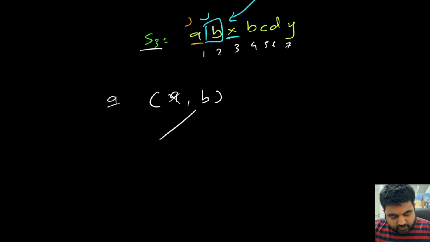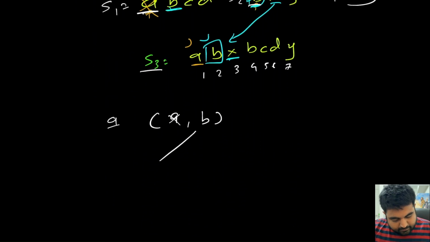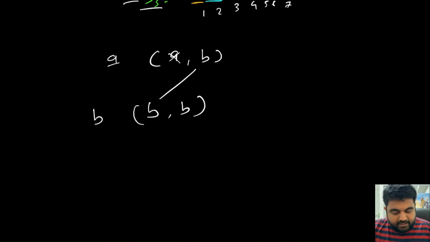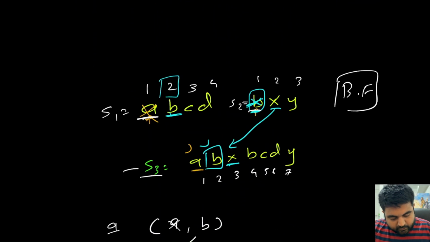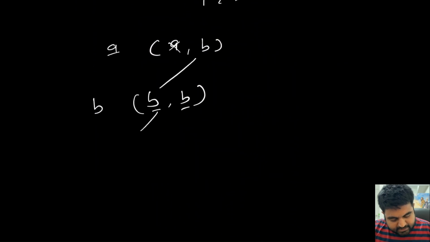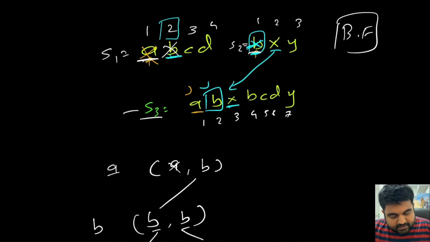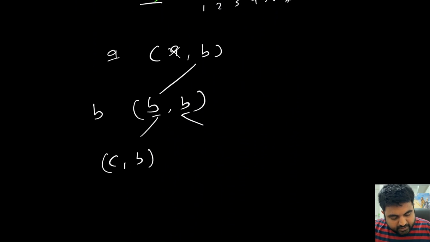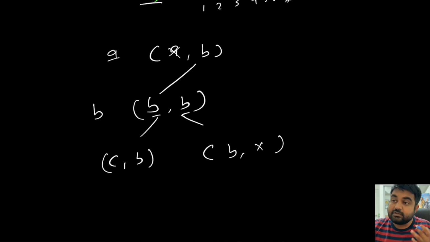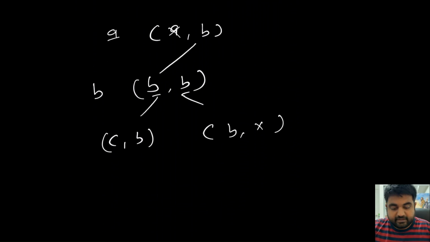In the next choice we have the characters B and once again B, and in S3 once again the character we have is B. We don't know which B we are going to choose. So we can choose the B located over here, and then we would have the choices C and B, or we could have chosen this B and then the choices we would have are B and X. So depending on that, we can have many different decision trees.